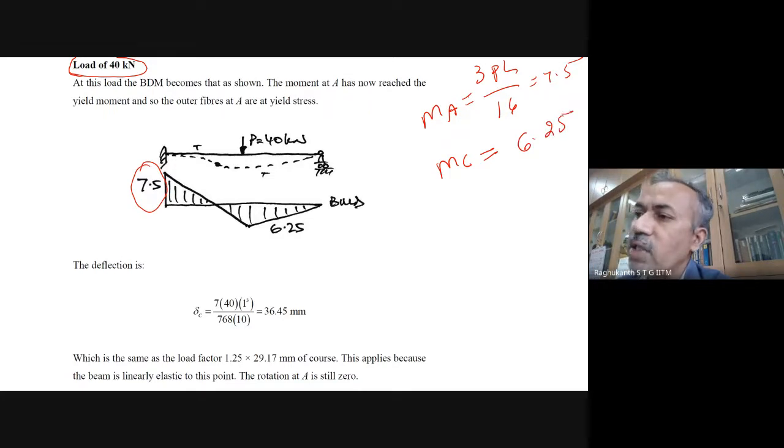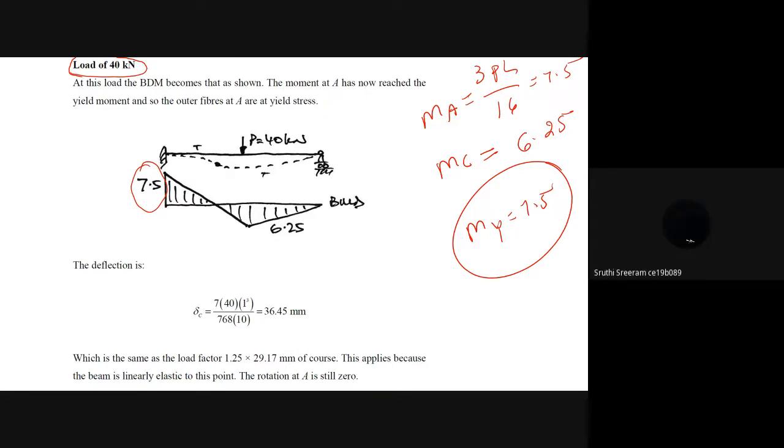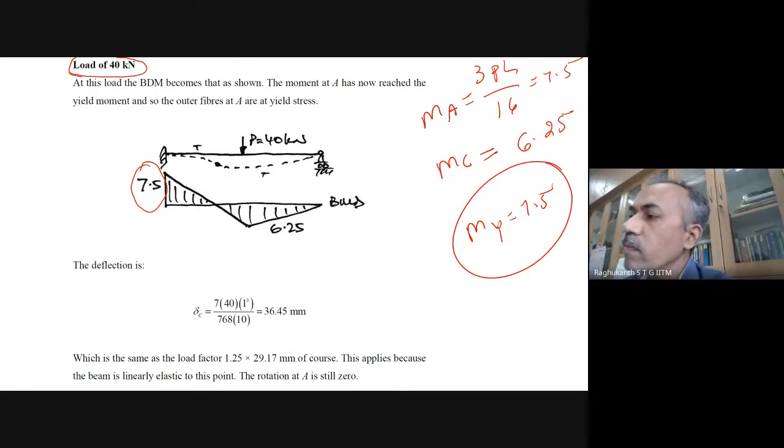So what does it tell you? What is your observation now? The yield moment is 7.5. See, now the load is 40.